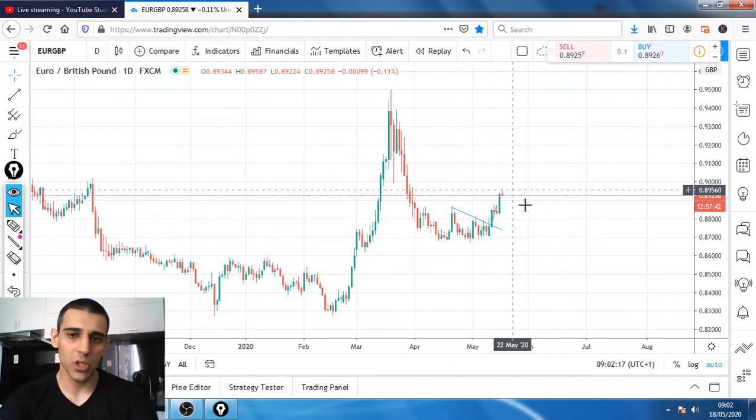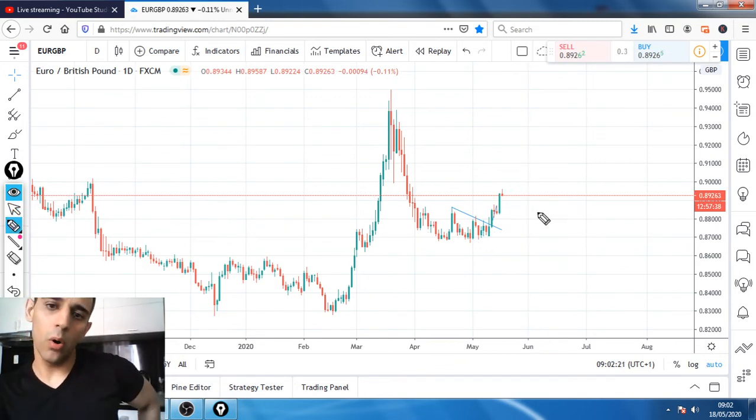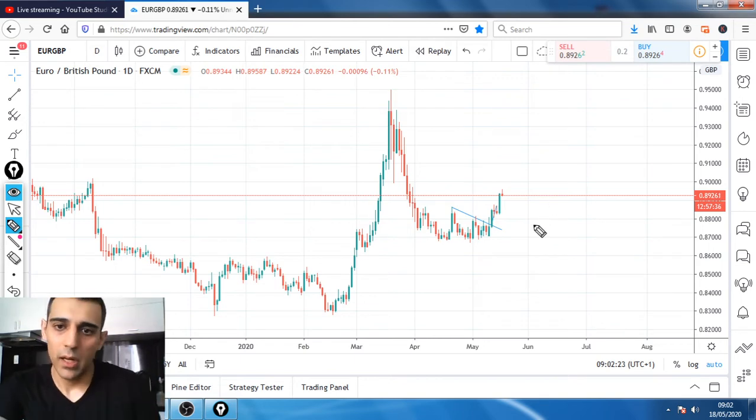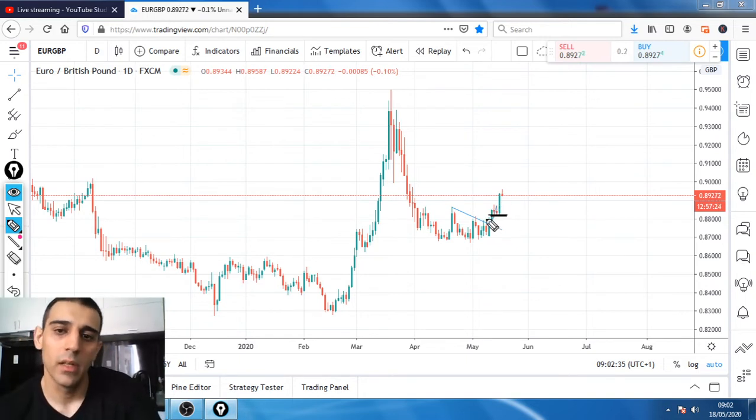The price is pushing pretty high, and if you follow my trades as well, I'm long on this trade. As of the swing trades, I'm long on this trade from somewhere down to this level, so I'm long from here. I did anticipate that the price would push higher, and it did. We can see this nice bullish candle.